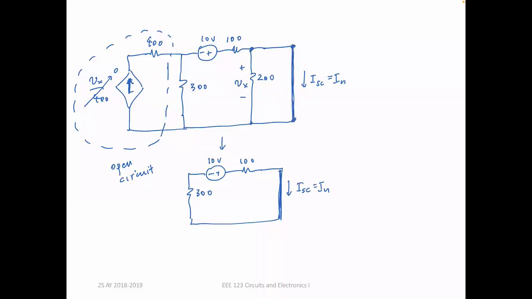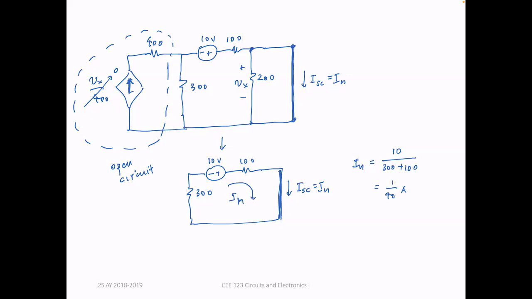In other words, it absorbs the 200 ohm resistance within it. So it's now very easy for me to compute for I sub n. I sub n is just now equal to 10 over 300 plus 100. Okay, so this is 1 over 40 amperes.